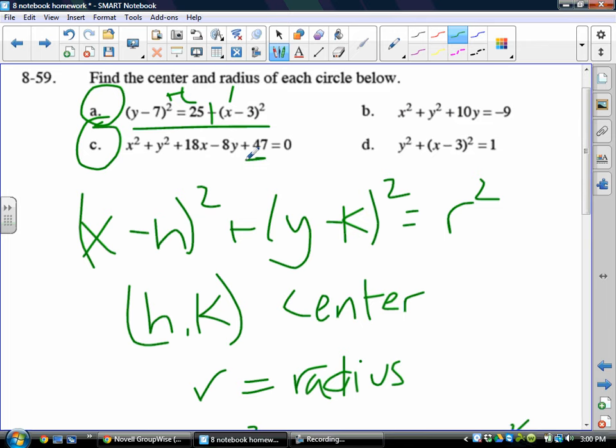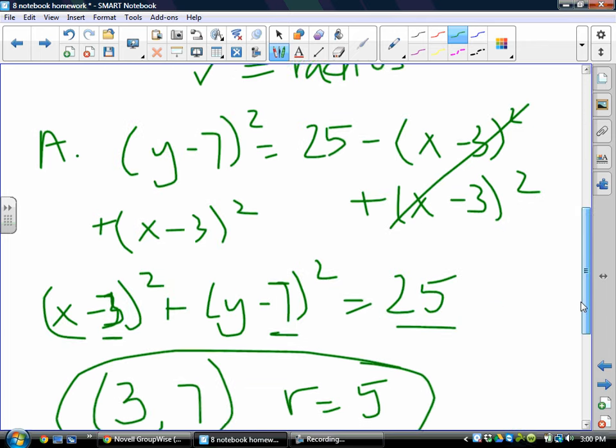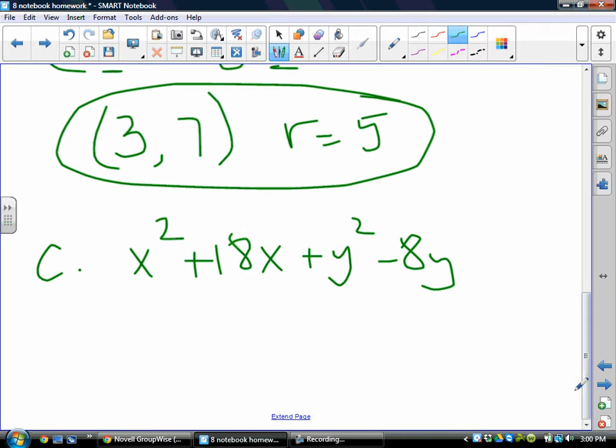So it's going to end up equaling negative 47. Now, the radius can't be the square root of negative 47, because that doesn't make any sense, so we're going to do some things to change that number. We're going to complete the square twice, one time with x's and one time with y's.